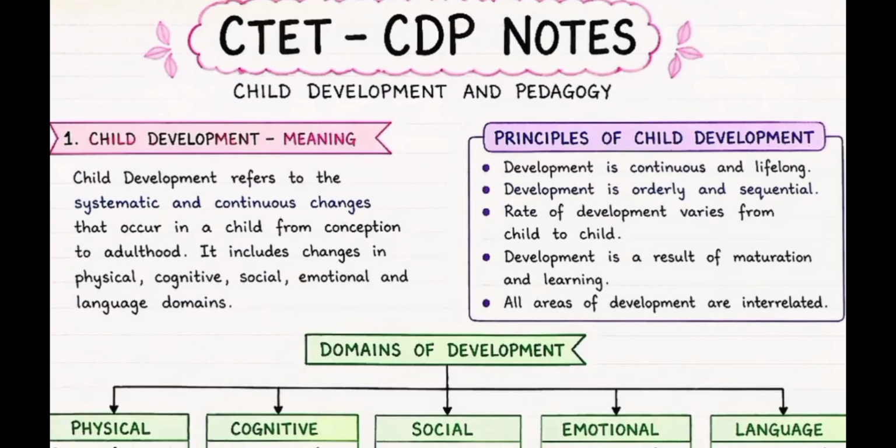Second point is development is orderly and sequential, meaning that development takes place from center to periphery gradients. The spinal cord of the child develops first and then the outward development of the heart and chest etc. takes place. Third, development differs from child to child, and we can predict something regarding the mental, social, or emotional development of a person by studying the rate of their development in previous years.